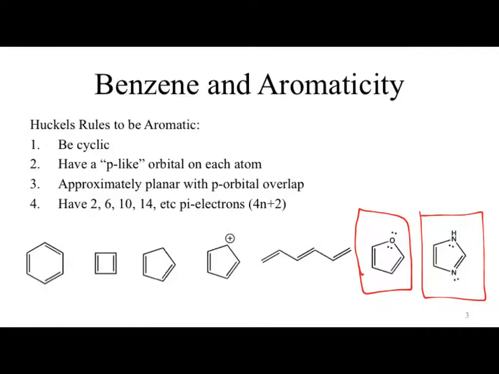Taking a step further, if we look at our bonds, can we move these electrons anywhere? Let's try not highlighting in red. Those electrons: if I try to move them via resonance into the ring, what have I done to the bond to that hydrogen? I've broken it.